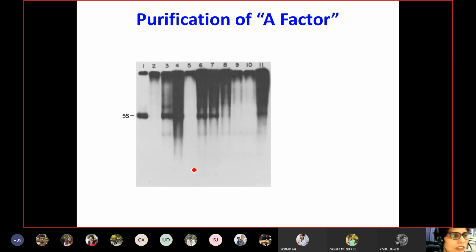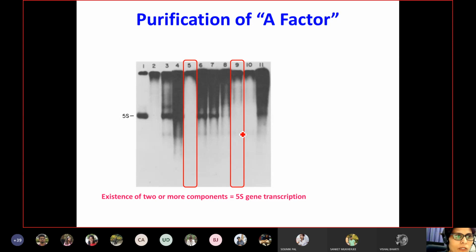So basically, from all these assays and all these fractions, what are they going to conclude from this experiment? They are saying that there is an existence of two or more components that are required for 5S gene transcription, because with some of the components you get a proper 5S transcript, but in the absence of some of the components you do not see any transcription taking place. At this point, I would like you to remember these two fractions, especially lane 5 and lane 9.